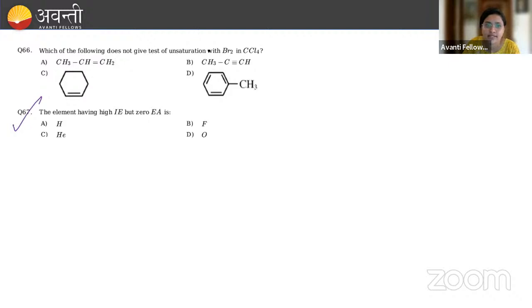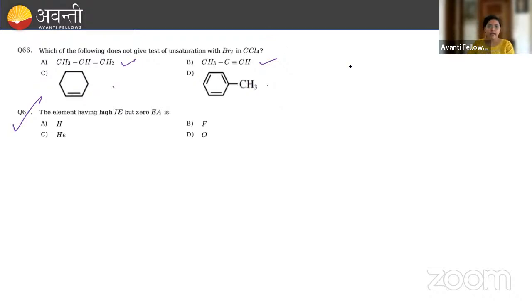These two are very easy questions. Yeah. So alkene gives the test of unsaturation with Br2 in CCl4. Alkyne also gives the test of unsaturation with Br2 in CCl4. Aromatic compounds also give it. This will not give. So our correct answer will be C.